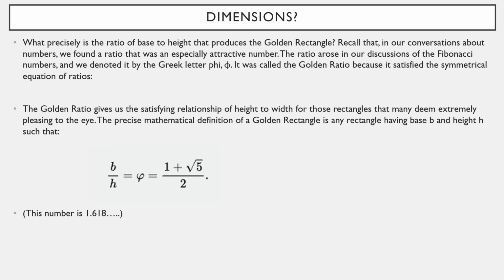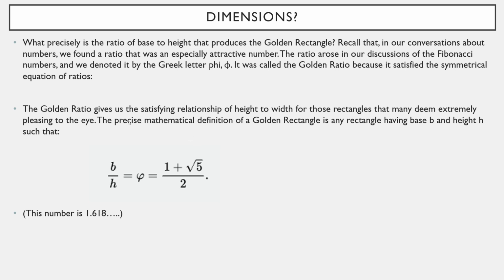That ratio arose in our discussion of Fibonacci numbers, and we denoted it by the Greek letter phi. It was called the golden ratio because it satisfied the symmetric equation of ratios. The golden ratio gives us this satisfying relationship of height to width for those rectangles that many deem extremely pleasing to the eye.